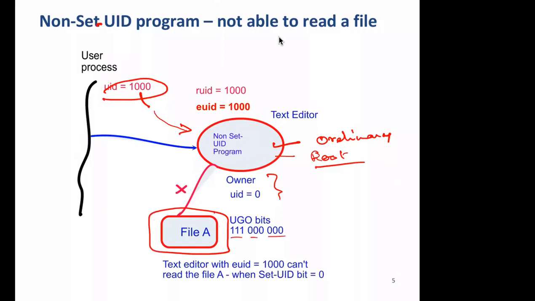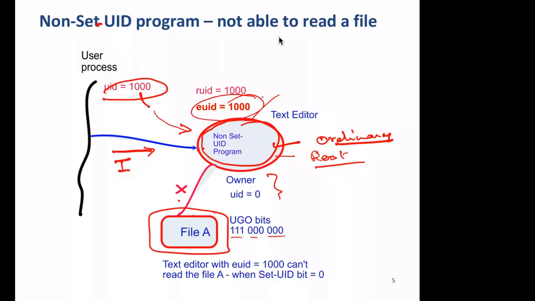It means that before this file is read by the user, which is I, the user of this ordinary program, the OS will check whether this process, with user ID 1000, is eligible to read it.